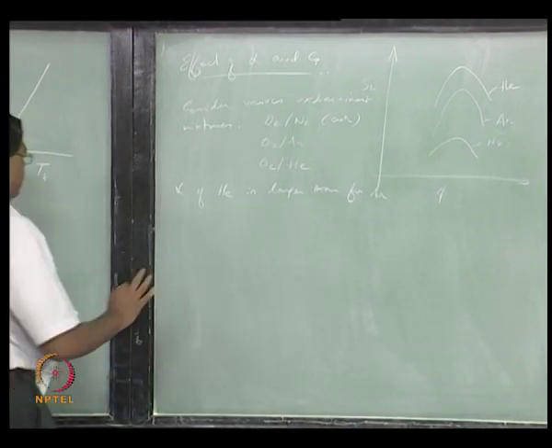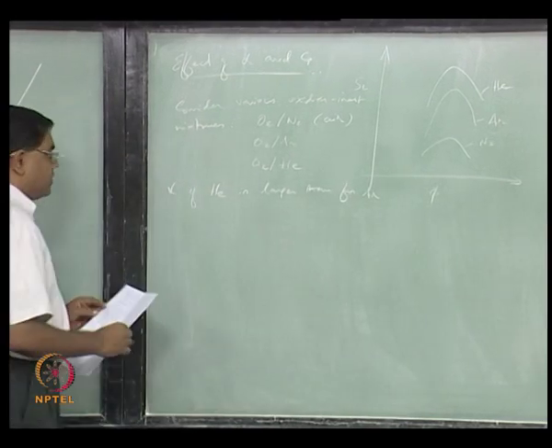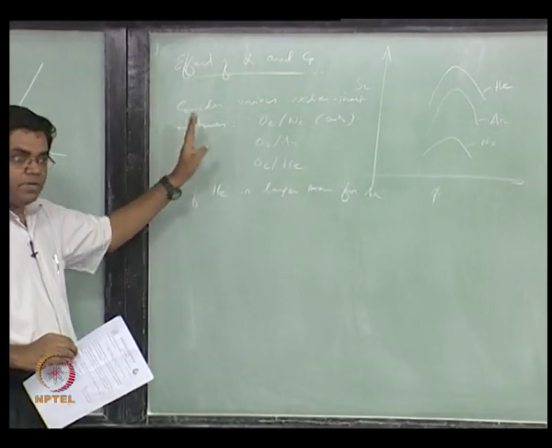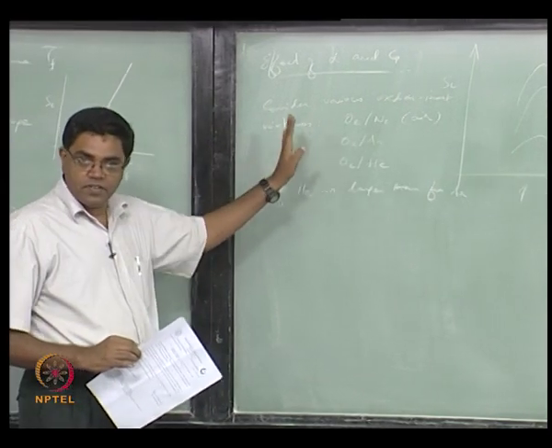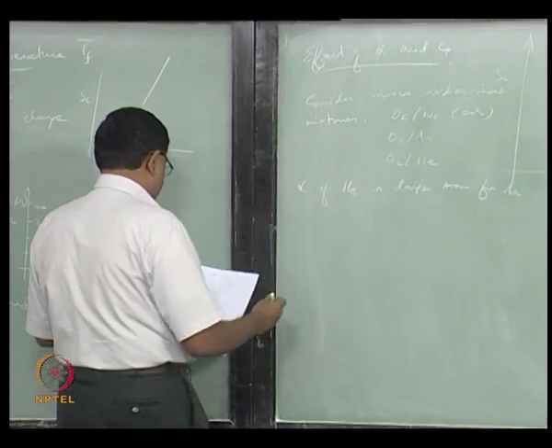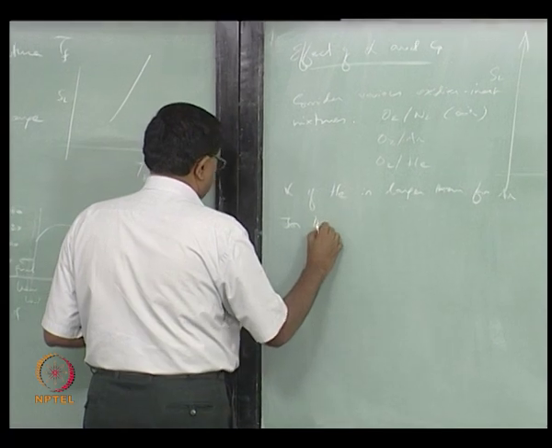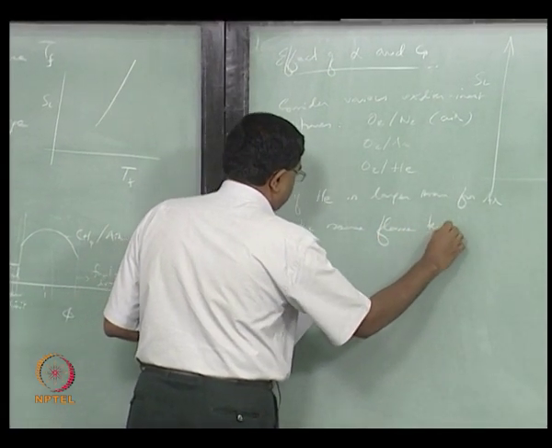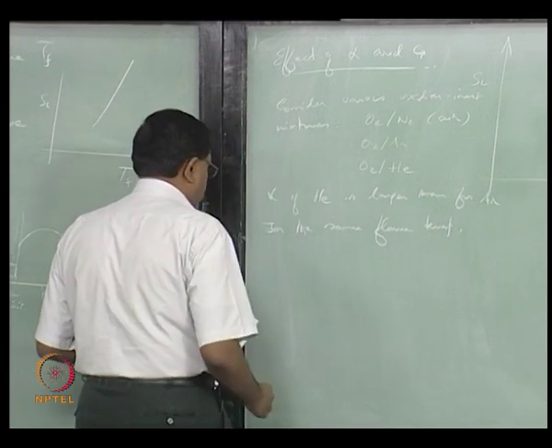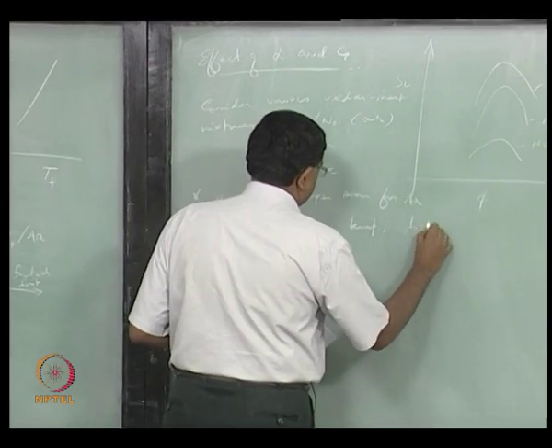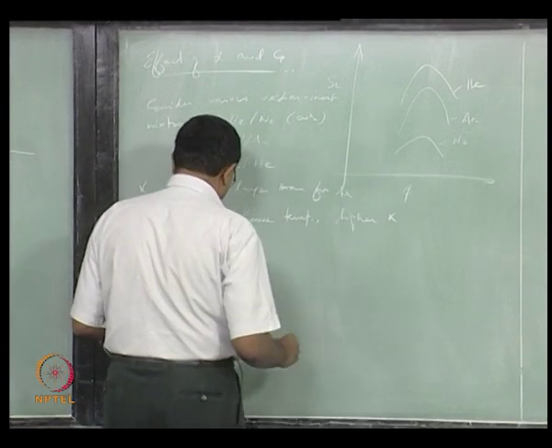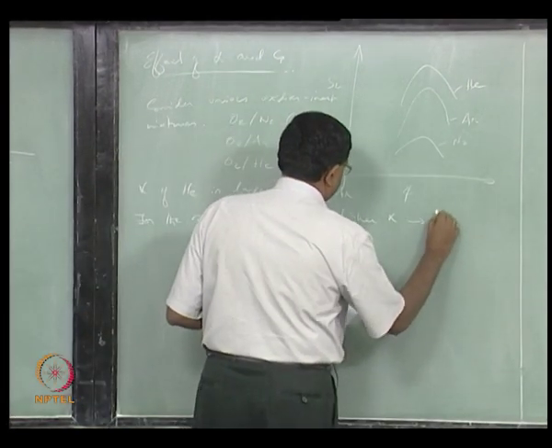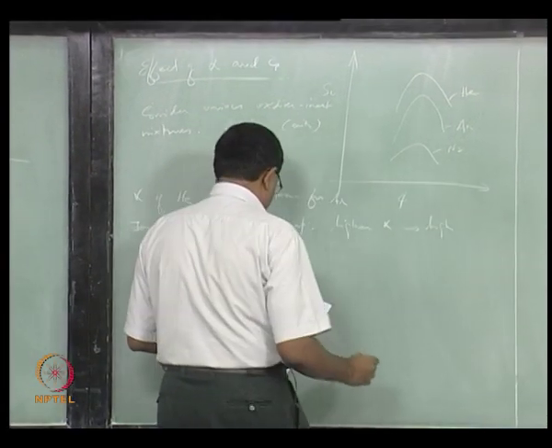And then what happens is, you can fix your flame temperature. That means you can get your flame temperatures to be the same because the Cp is the same. So flame temperature depends primarily on Cp as far as this is concerned. For the same flame temperature, higher alpha means higher SL.